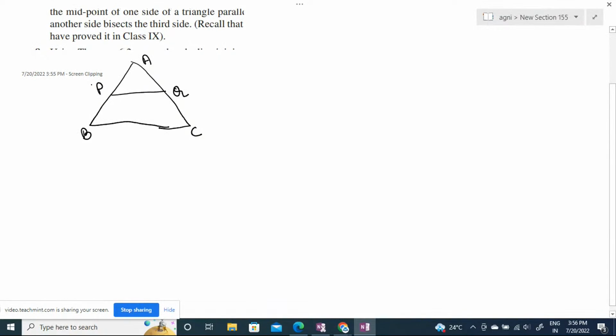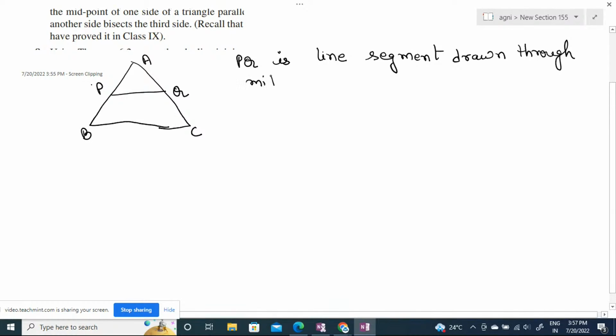So here PQ is a line segment drawn through the midpoint, such that PQ is parallel to BC.